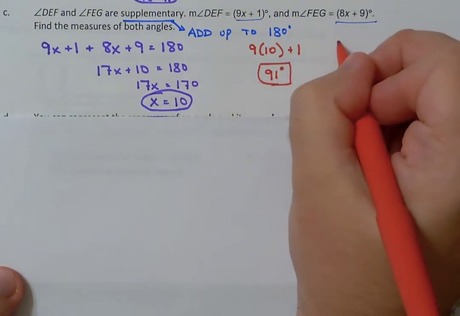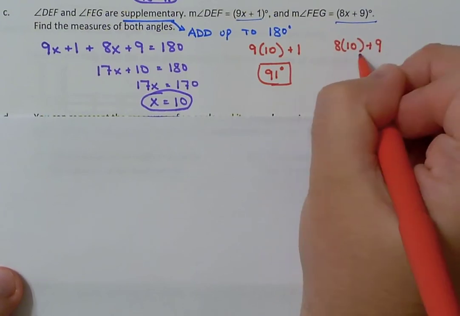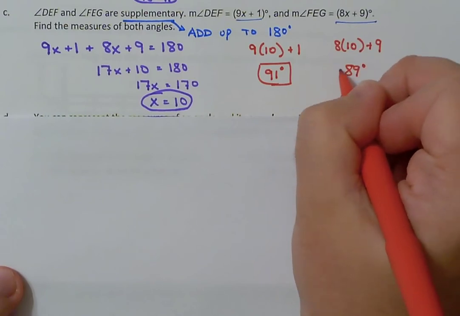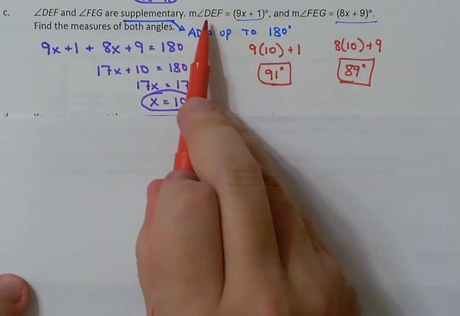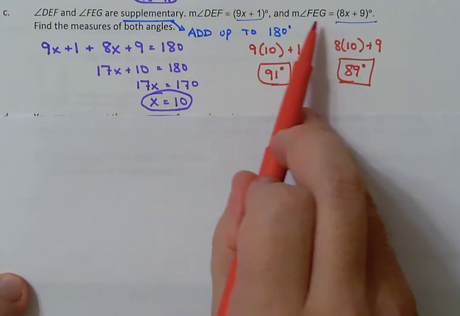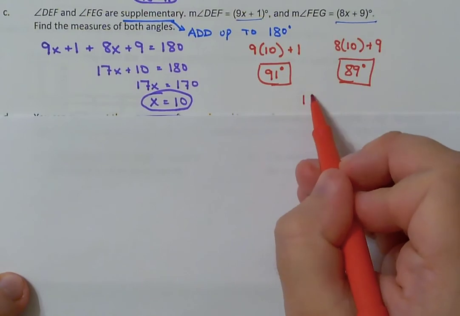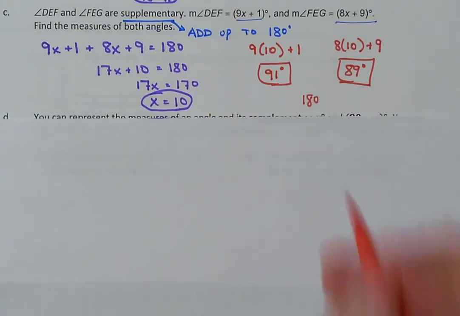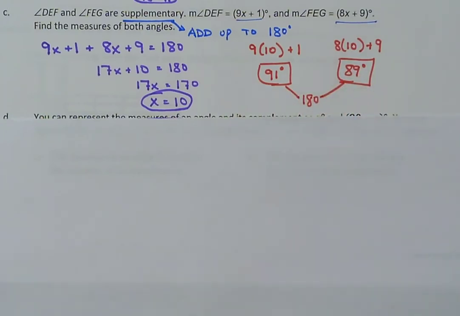And if I do 8 times 10 plus 9, we get 80 plus 9, so I get 89 degrees. So that means DEF is 91 and FEG is 89. And these two would add up to be 180, thus solidifying that these are supplementary and that we did our math correct.